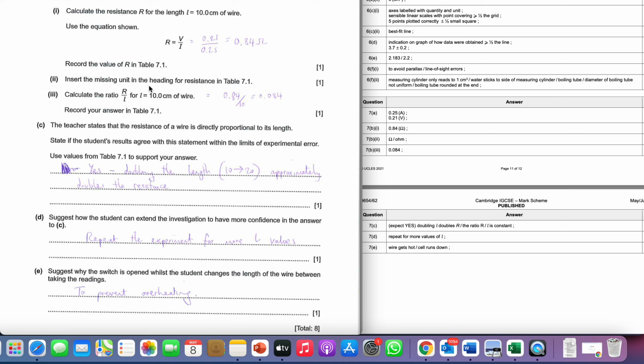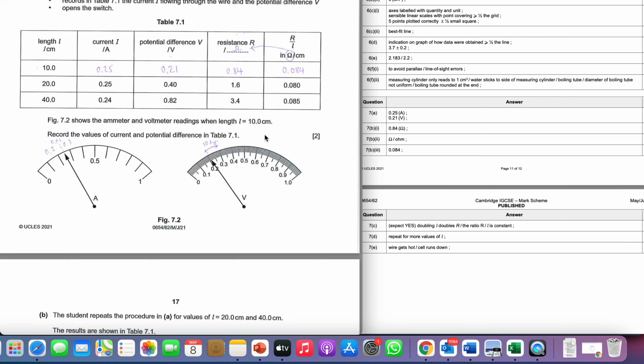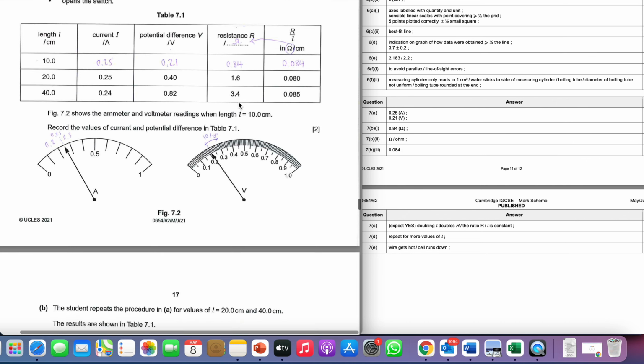Now, the teacher states that the resistance of the wire is directly proportional to its length, and you're basically being asked, does your value support that? If you notice here, we've doubled our length each time, 10 to 20, 20 to 40. We've gone from 0.8 to 1.6. That's approximately double. We've gone from 1.6 to 3.4. Again, approximately double.